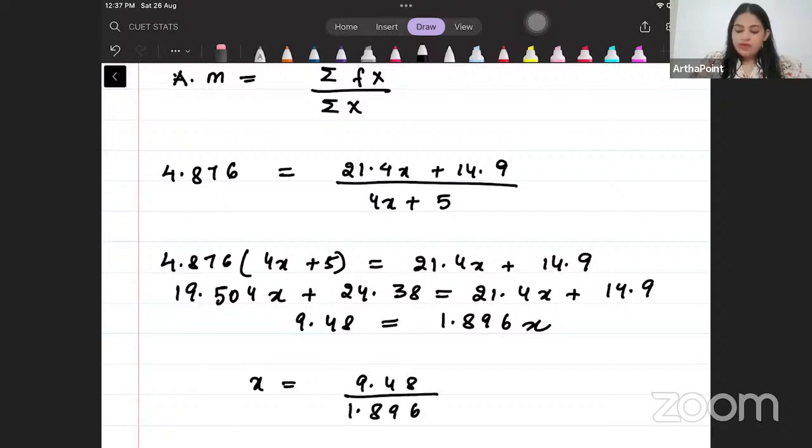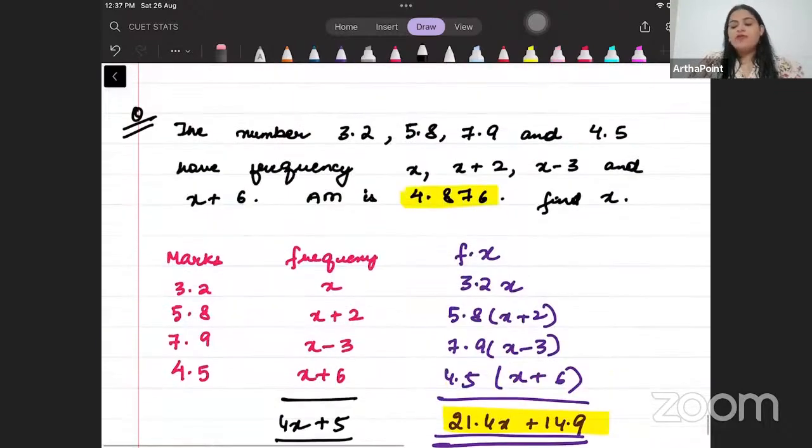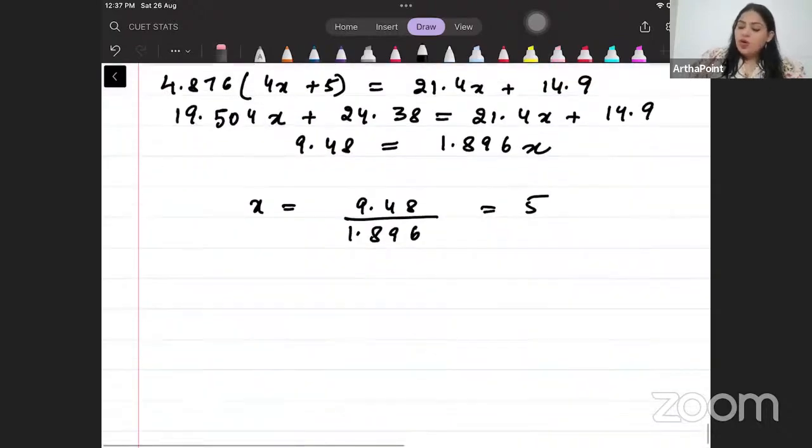So 9.48 divided by 1.896. So I'm getting the x as 5. So your x value will be 5, right? So very simple. Sometimes they will simply give you the AM and they will ask you to find the value of x. Okay, beta, come to the next question.